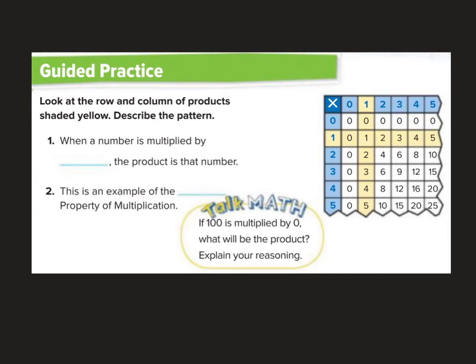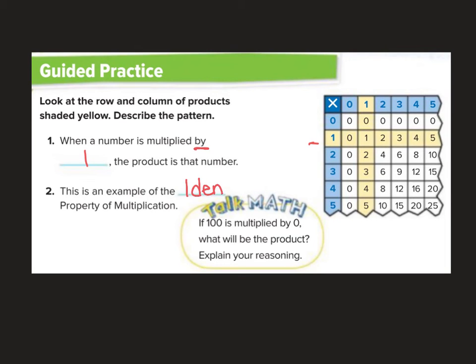So if we look at our guided practice here, it says look at the row and column of products shaded yellow. Row, column, right? Column goes up and down, row goes side to side. So if we look at those, it says when a number is multiplied by 1, the product is that number. This is an example of the identity property.